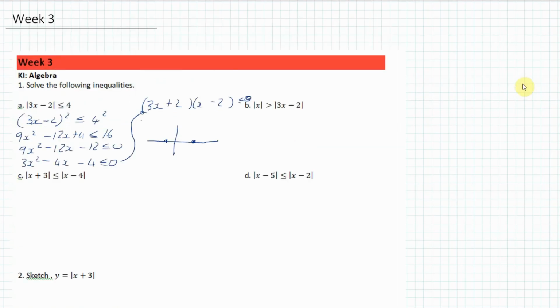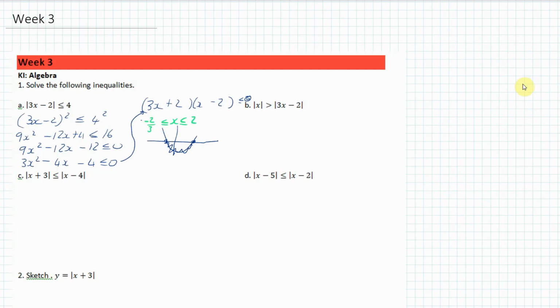I have not drawn that correctly, but you get the general gist. Having trouble with my equipment. Okay, there we go. And we want is less than or equal to 0, so it's between those values there. So for this one, my final answer would be negative 2/3 is less than or equal to x is less than or equal to 2. I think that should be the correct answer there.